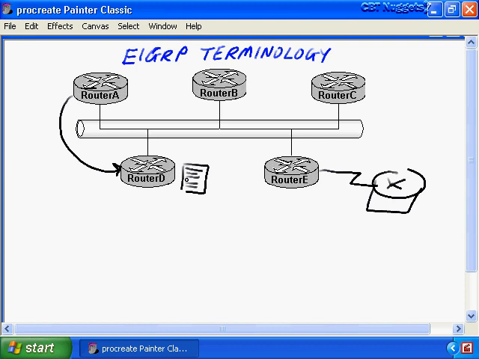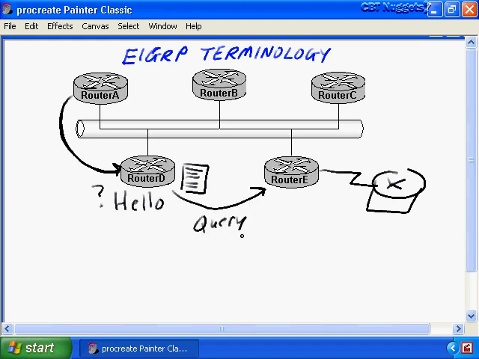Now the multicast data packet that's used to discover your neighbor and to manage these relationships is our old friend, the hello protocol, the hello packet. If a router wants to know information about a link that's gone down, about a neighbor path that it has lost, it's going to send out a data structure called a query.